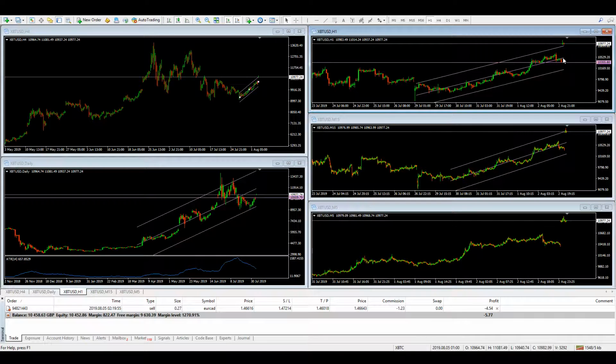So if we've seen the price come down, interact either with this support here, or off of the average here, or down to the lower edge, and we start to see reversal candles off of there, then as the price moves past the high of those reversals, that would be an entry, if I traded this, that would be a consideration for an entry. But yeah, definitely bullish on Bitcoin, but would need to see some value for money, so for it to pull back and then show signs of going higher again.